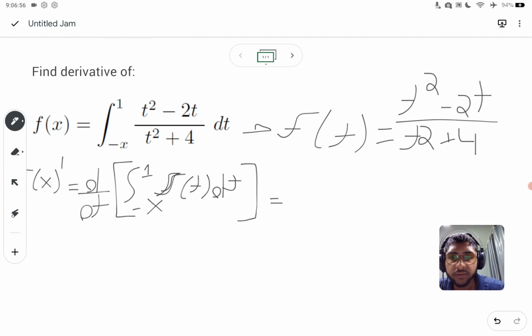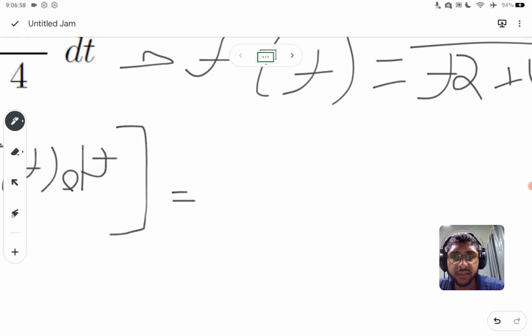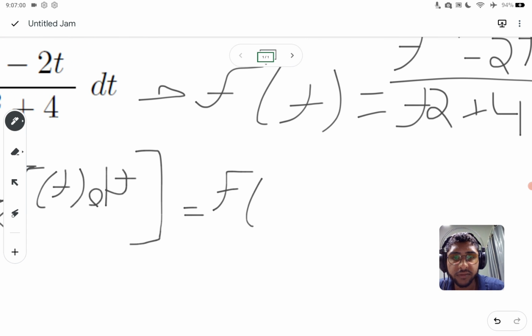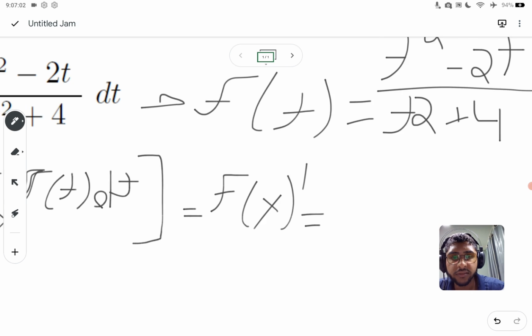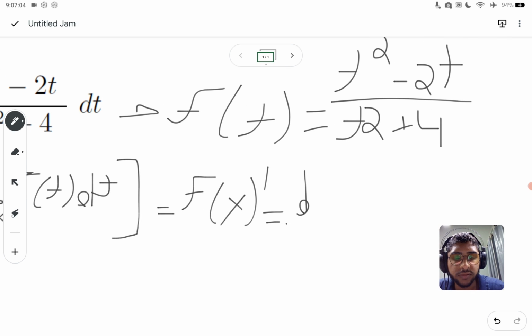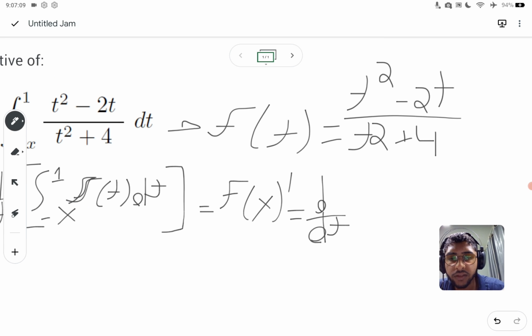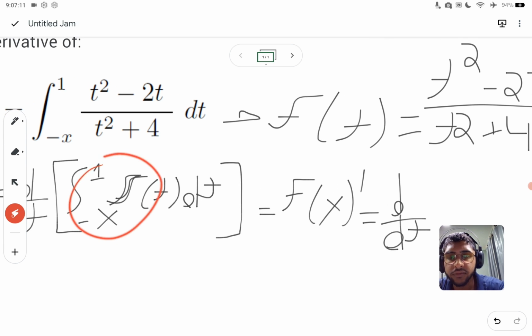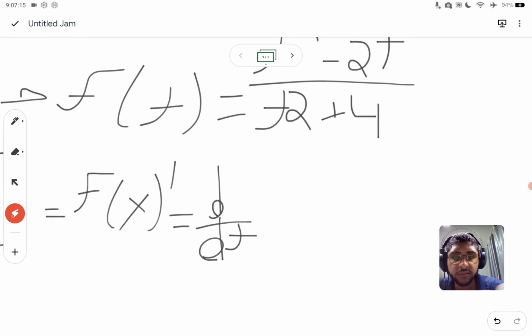And we can also call this the f(x) derivative equal to d over dt of this function evaluated from minus x to 1, right?